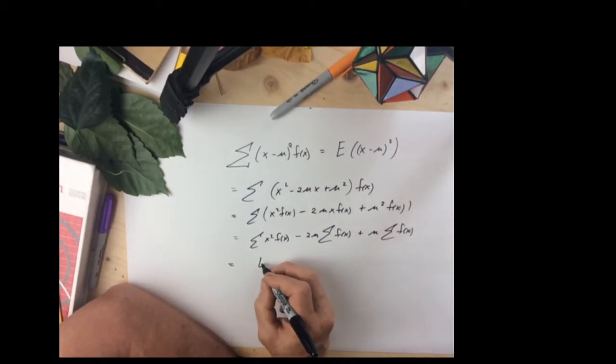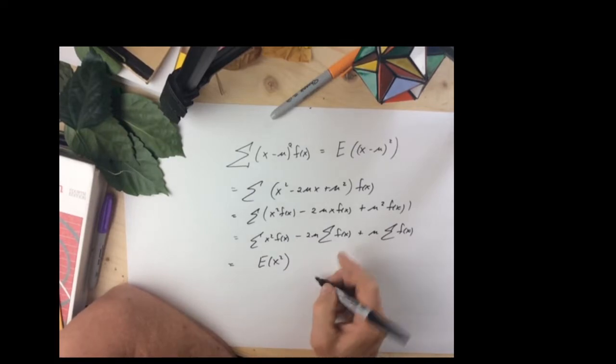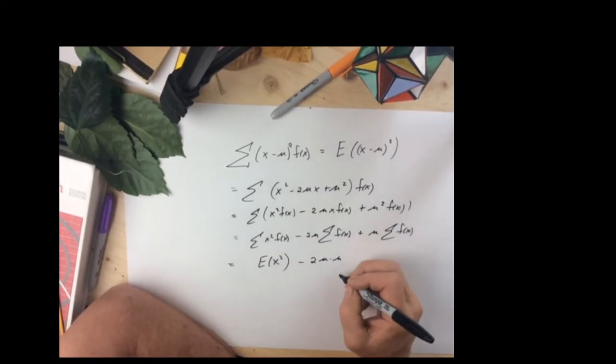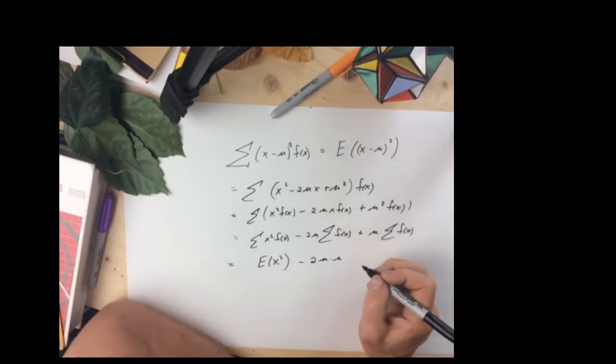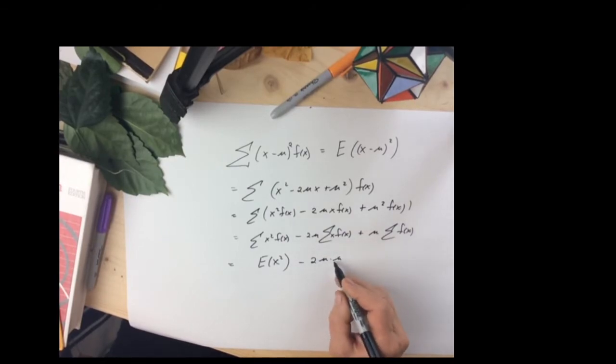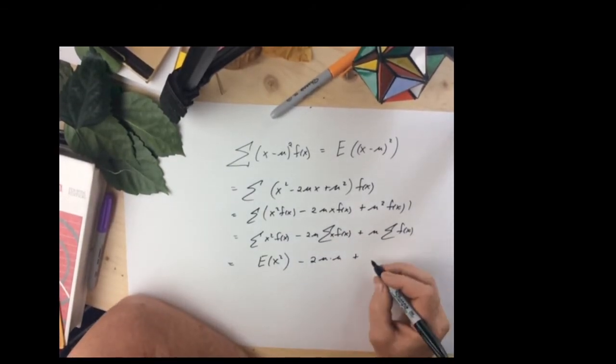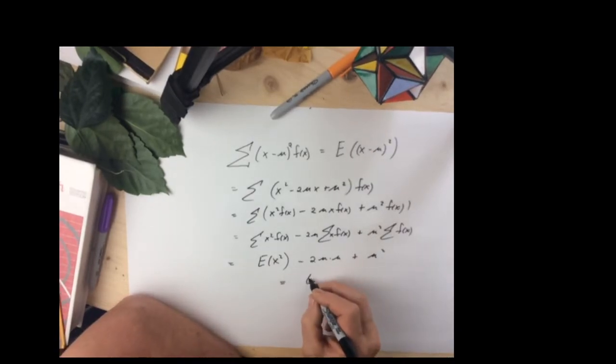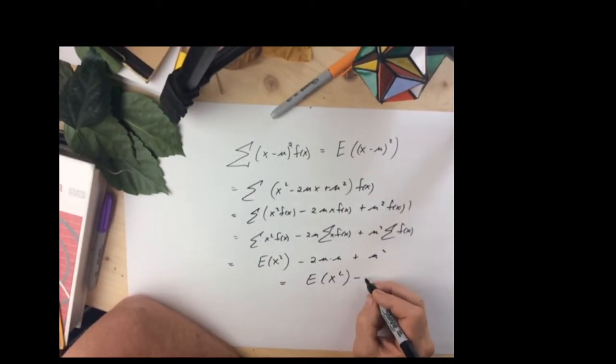And lo and behold, this is the expectation of x squared, minus 2 mu times the expectation of x, which is 2 mu times mu, plus mu squared. So we get the expectation of x squared minus mu squared.